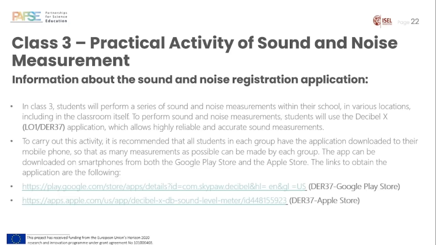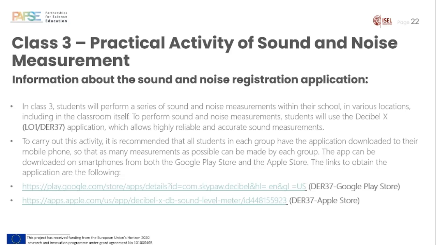So they will have an application that does the sound recording, which is called Decibel X, which allows highly reliable and accurate sound measurements. So students will use this application, Decibel X, to perform several sound measurements around the school environment.